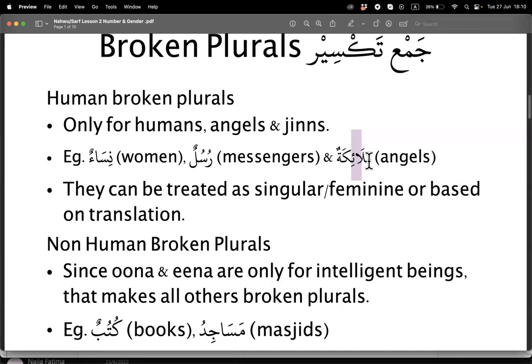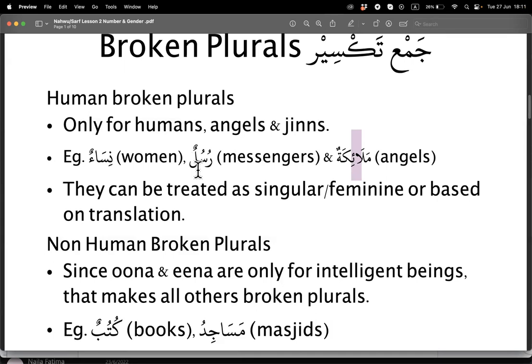Remember that each ism can have status, number, gender, type, right? Status, rafa, all this is rafa, right? So the number and the gender, when it's human broken plurals, they can be treated singular feminine. Even though messengers, Rusul, Nabi is all masculine, right? Allah sends all men. Allah doesn't send a woman as a Nabi, right?